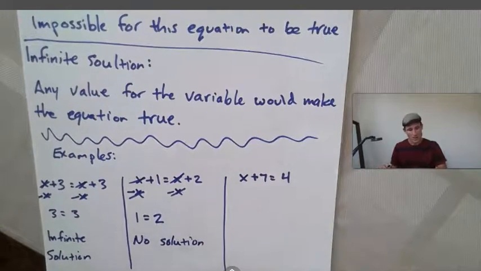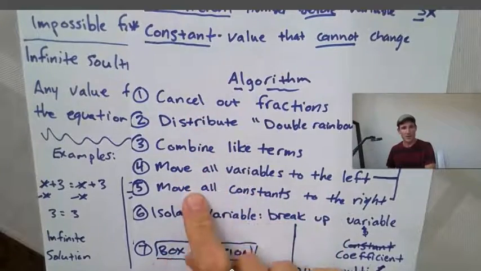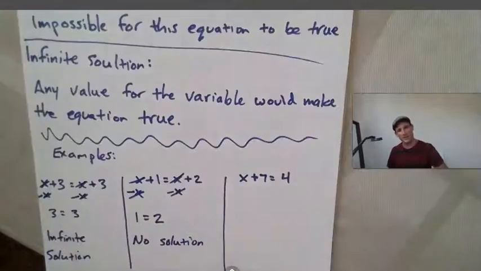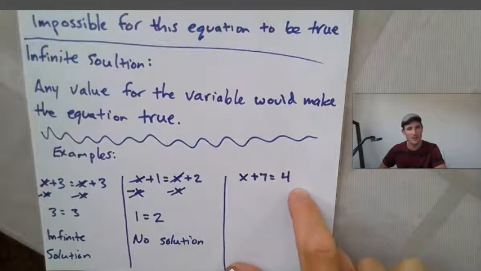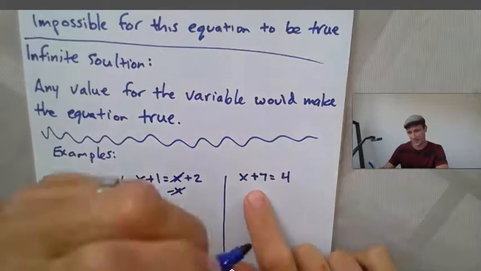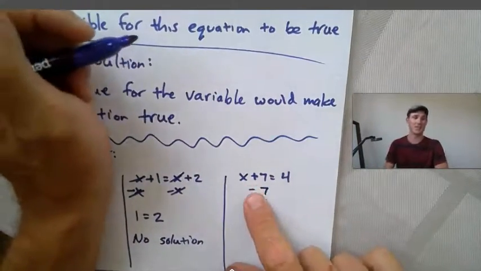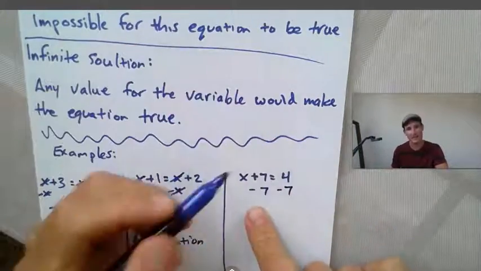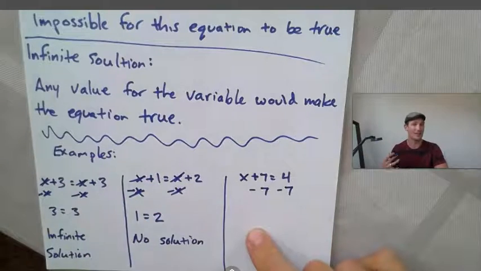Okay, x plus 7 equals 4. In my algorithm, I want to move all the constants to the right. My tools are addition and subtraction. I see that 7 on the left side. I need to move it to the right. How do I do that? I do the inverse operation. The opposite of positive 7 is negative 7. The opposite of addition is subtraction. If I do it to one side, I have to do it to both sides. I can combine these because they are both constants, both like terms.